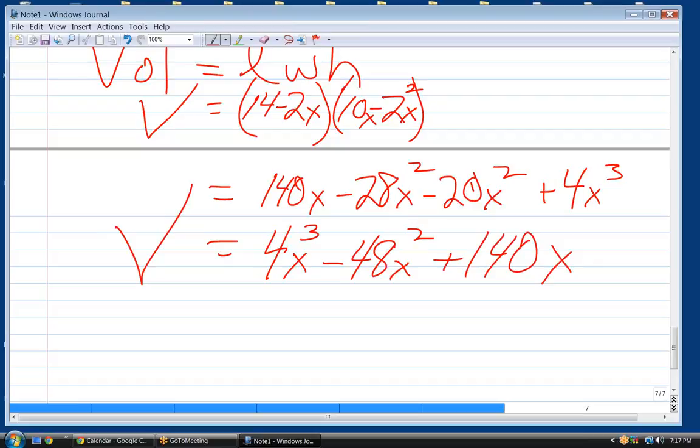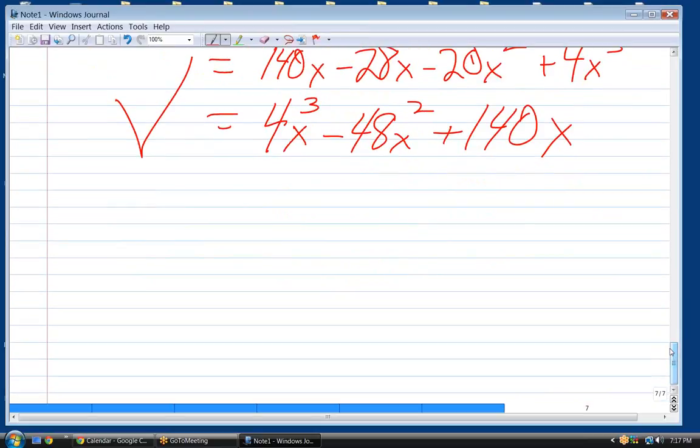If we want to maximize that, we want to factor it first. Can I factor anything out of that? X. I can factor 4x. Yeah, it might make the math a little easier if I factor 4x. That leaves x squared minus 12x plus 35.